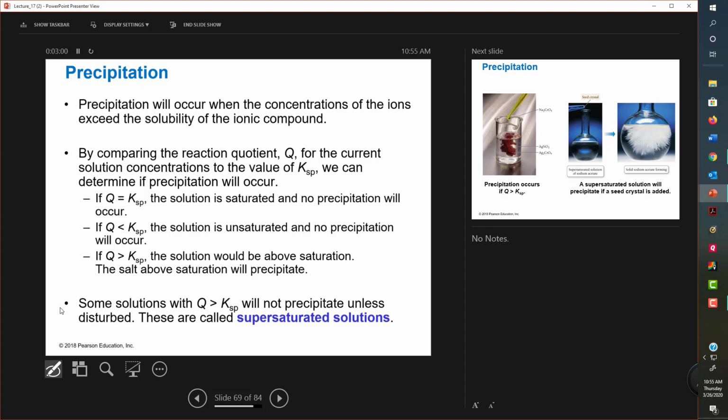And then here what we're looking at in precipitation is, do we exceed the solubility product so that the solution precipitates, or do we exceed the solubility of the substance? So that's what we got to look at. That's what the final focus is here.